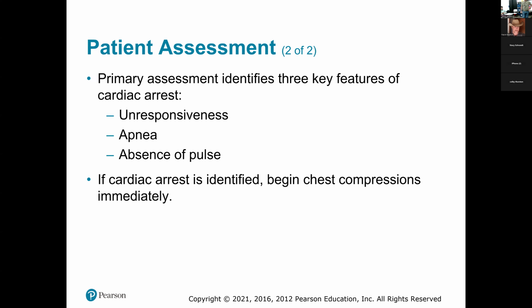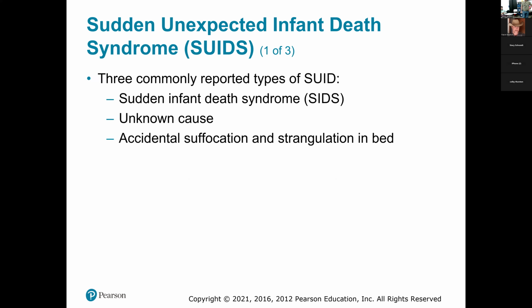All right. 3 commonly reported types of sudden, oh man, now they made it complicated. They threw a U in there. Sudden unexpected infant death syndrome. Okay, 3 commonly reported types of SUID: sudden infant death syndrome.